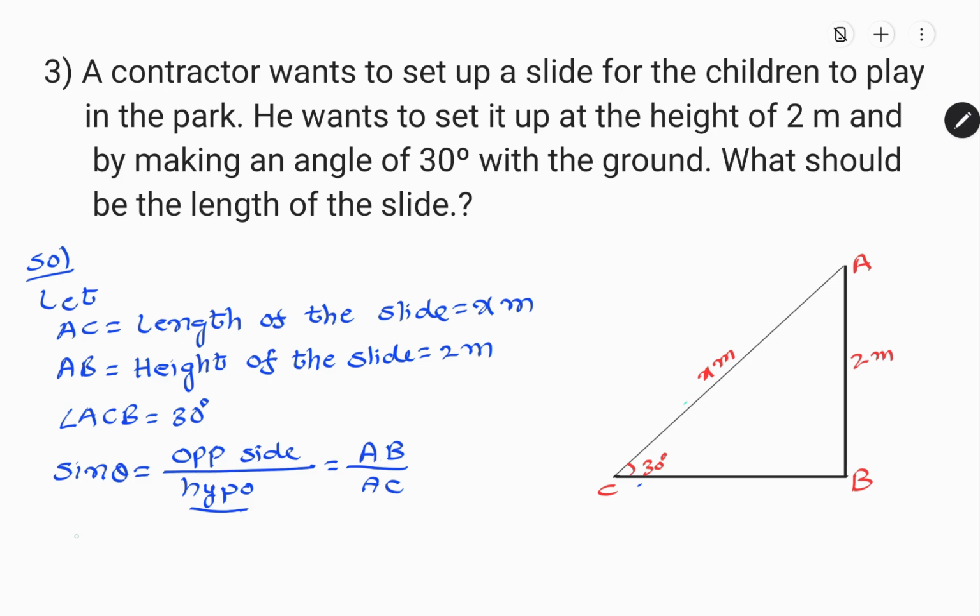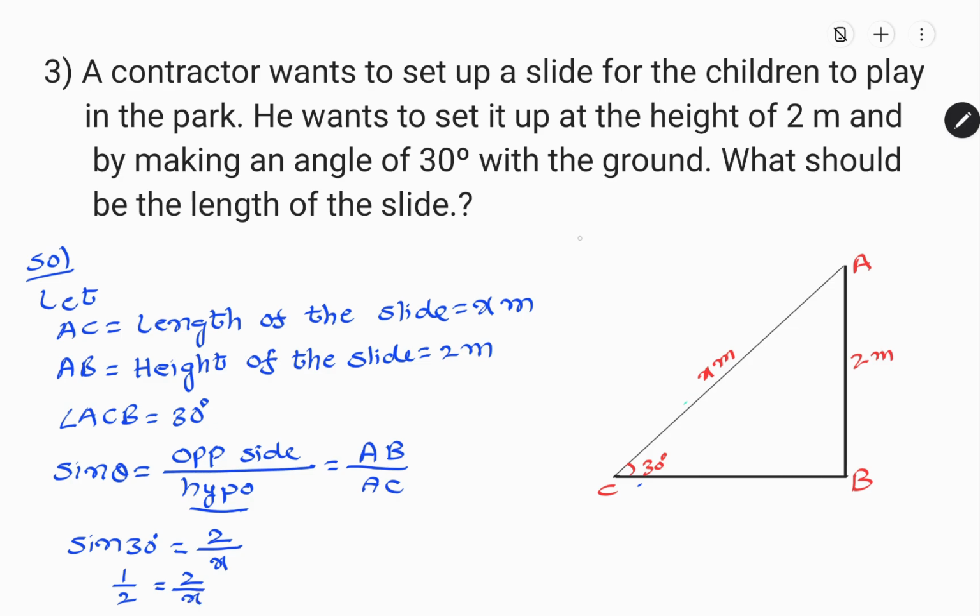Here theta is 30 degrees. So sin 30 is equal to AB by AC. AB is 2 meters and AC is x meters. Here sin 30 is 1 by 2, which is equal to 2 by x.